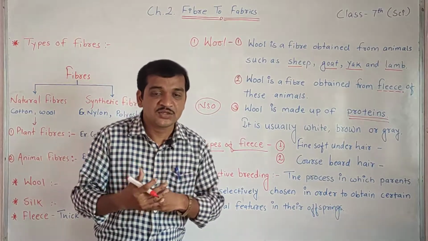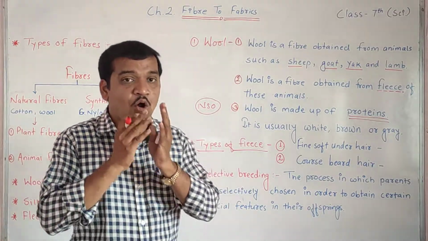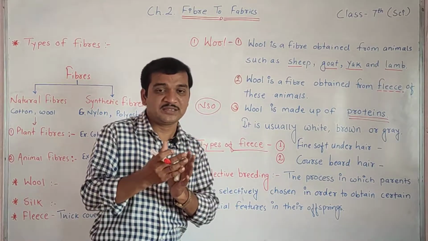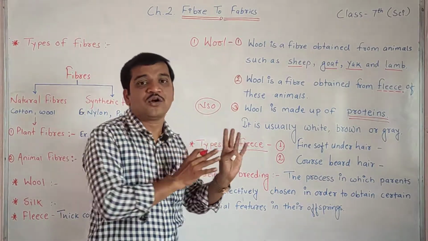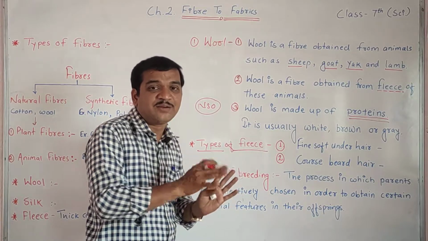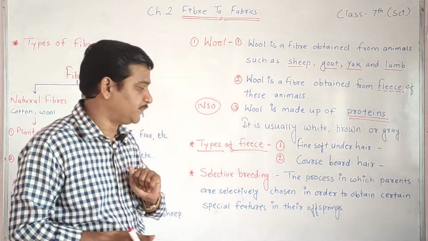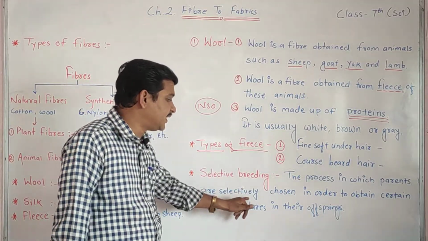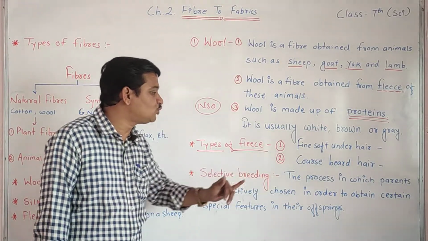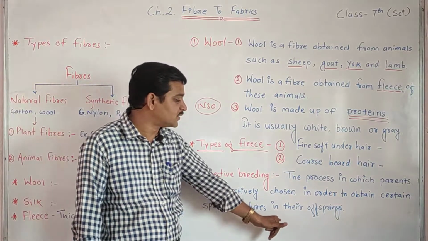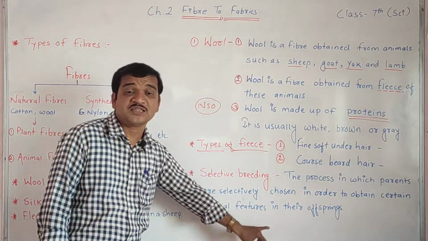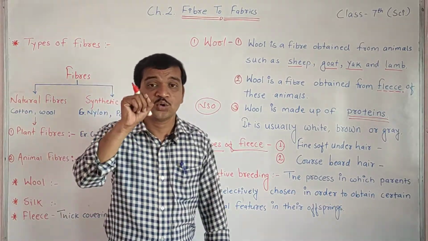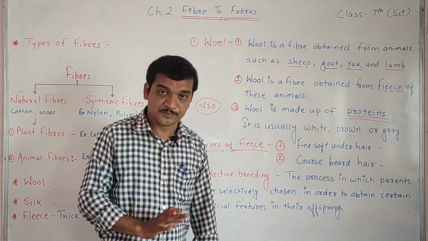If you breed only those selected species, you can get offspring with the same quality of wool. That process is called selective breeding. It is the process in which parents are selectively chosen in order to obtain certain special features in their offspring. Now what is the special feature here? The special feature is soft fine wool.